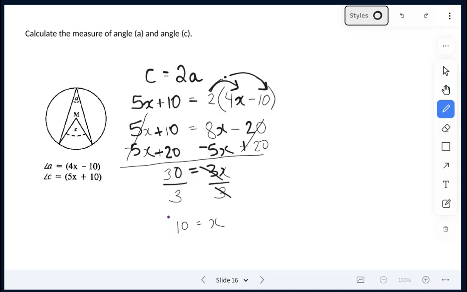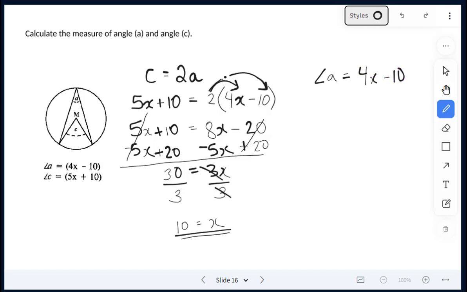Okay, so we've solved for x, but we still haven't solved for our angles. So what we have to do now is take our answer for x, which is 10, and substitute it into the angles to get the angle measurements. So let's do angle A. Angle A is equal to 4x minus 10.